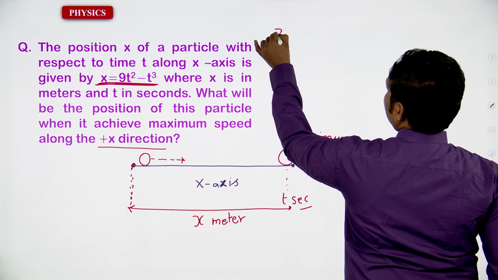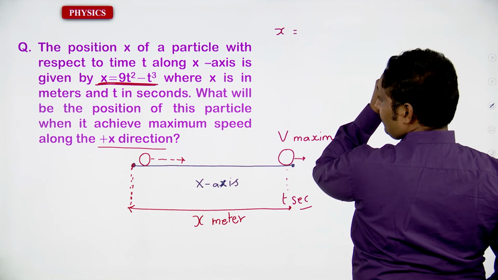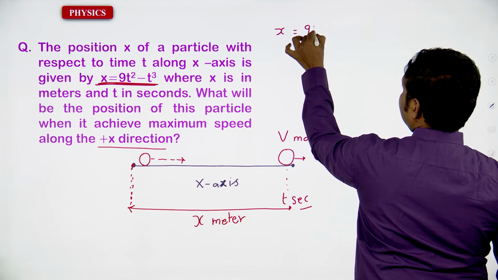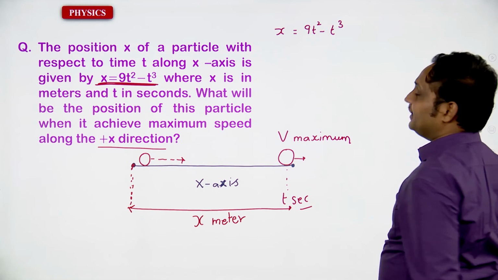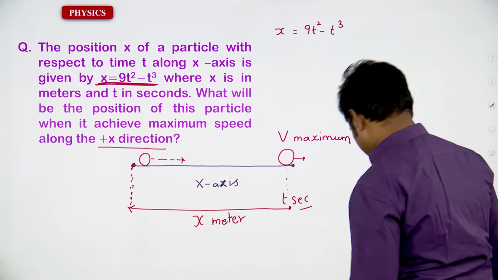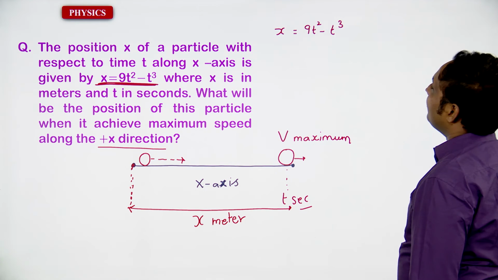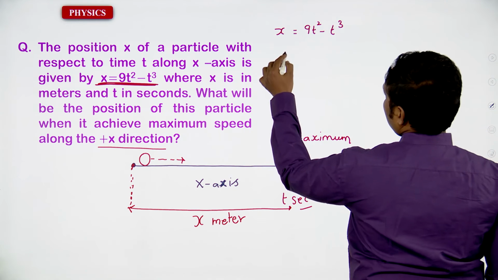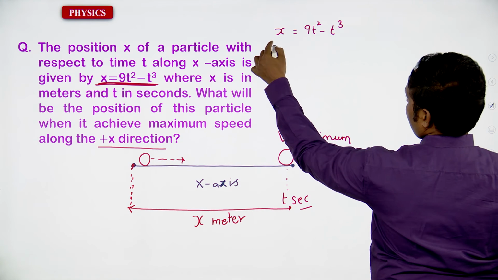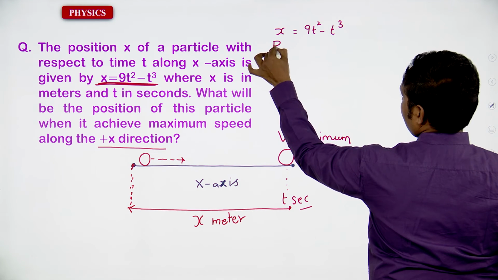They have given x is equal to 9t square minus t cube, represented in the form of a function, x as a function of time t. Now you have to get the rate of change of position.